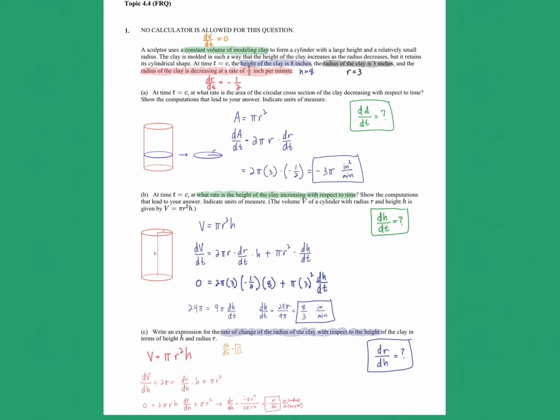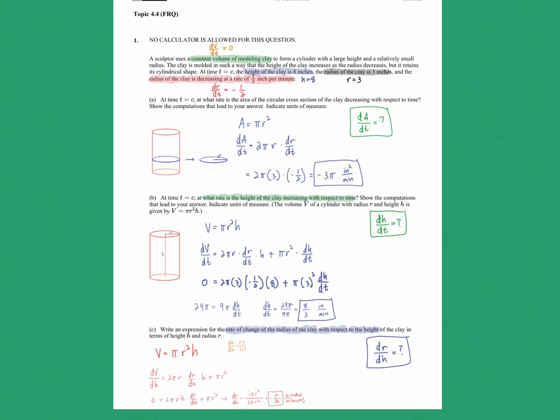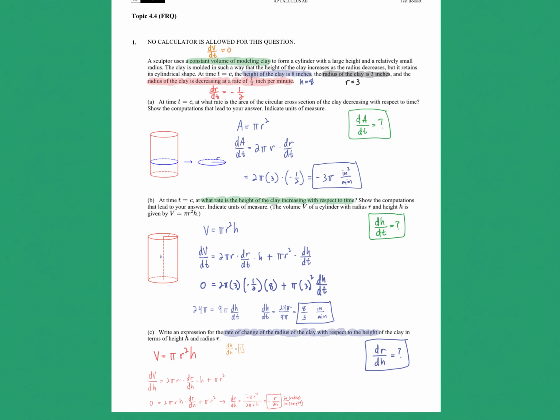Hopefully that helps. The way we did this, there's a couple weird things, like taking the derivative with respect to a different variable than time. Usually it'll be time that you take the derivative with respect to for these types, but it doesn't have to be. So this one's a little weird, taking the derivative with respect to h.